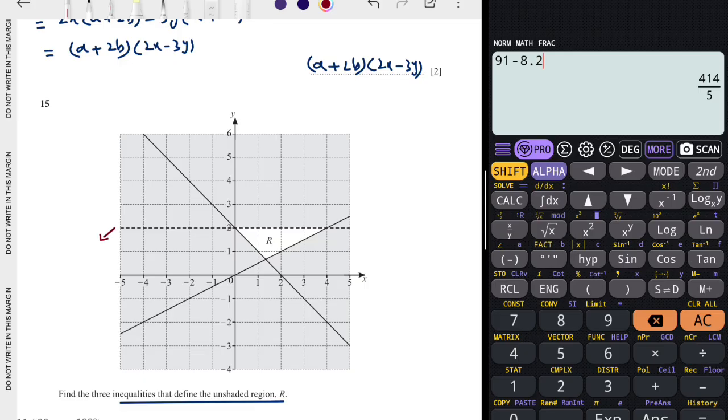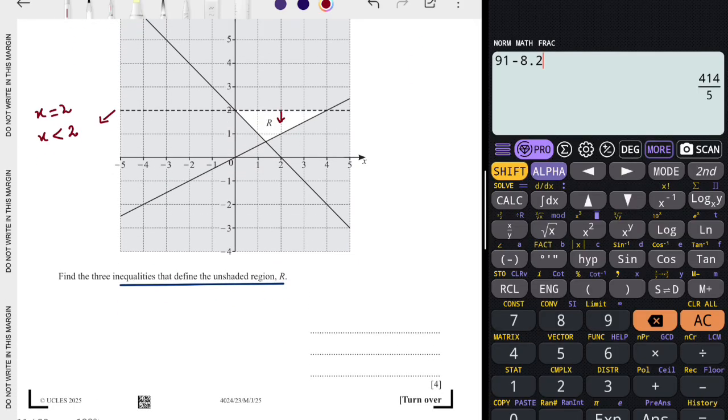This is actually x is equal to 2. Now see that the region is below the line, so we are going to write x is smaller than 2. For a dotted line we use a strict inequality, so this would be the answer, that is x is smaller than 2.